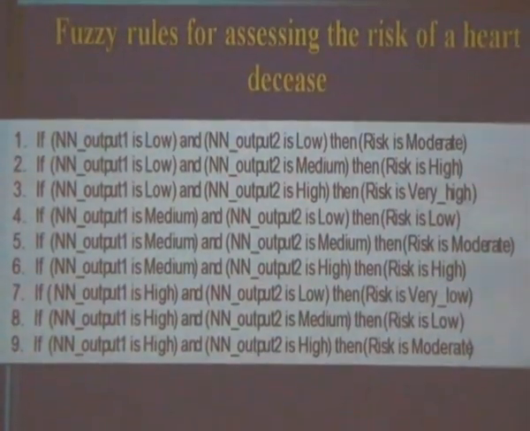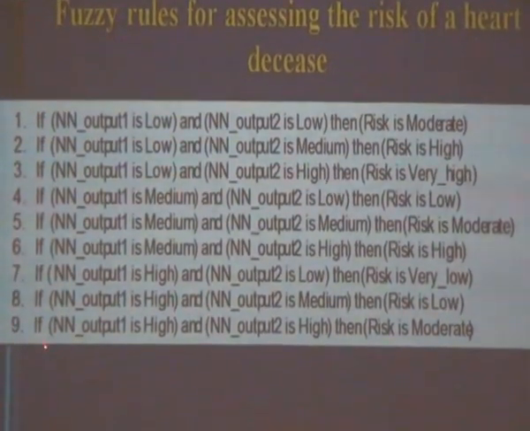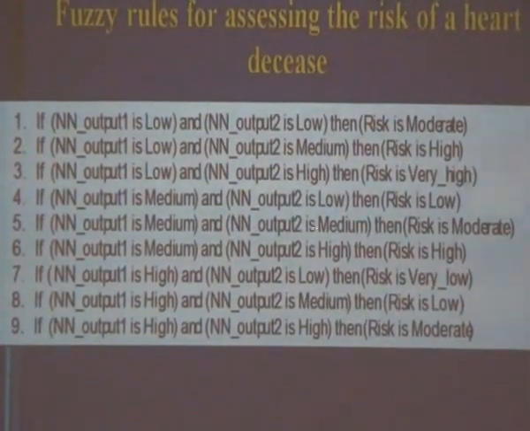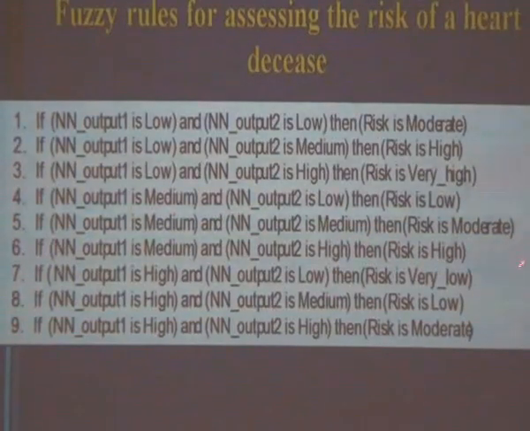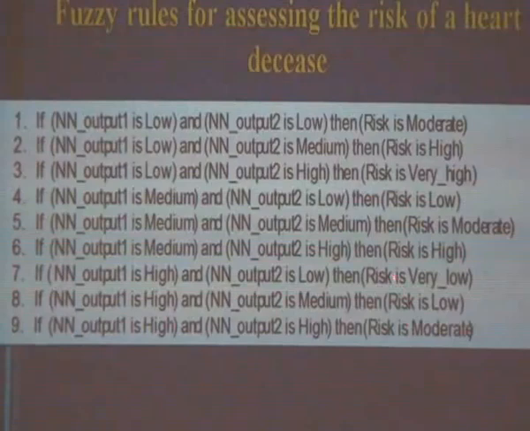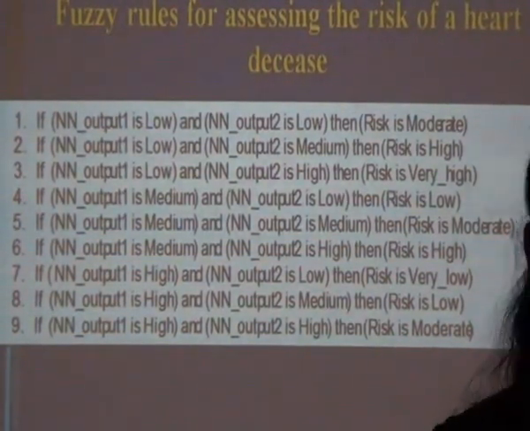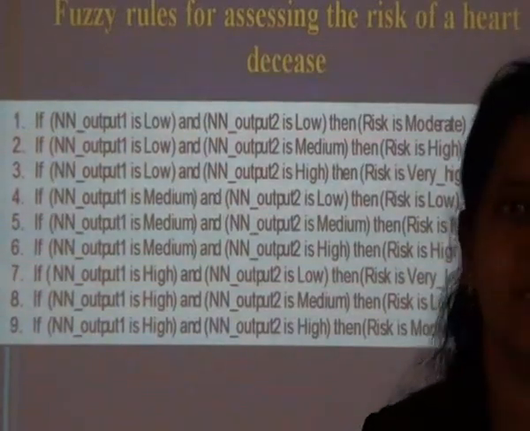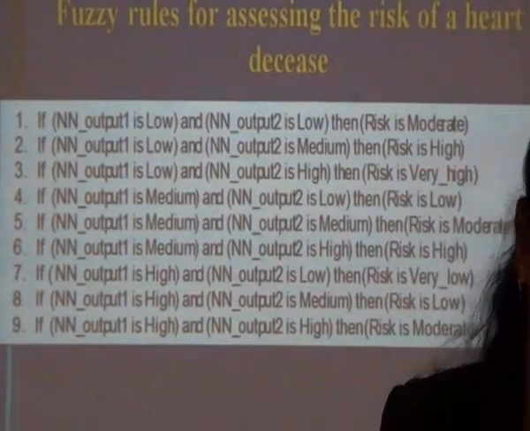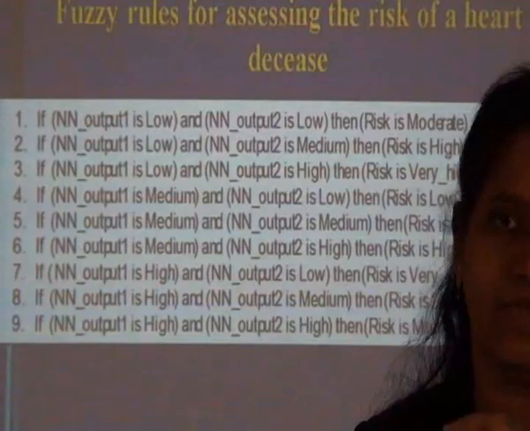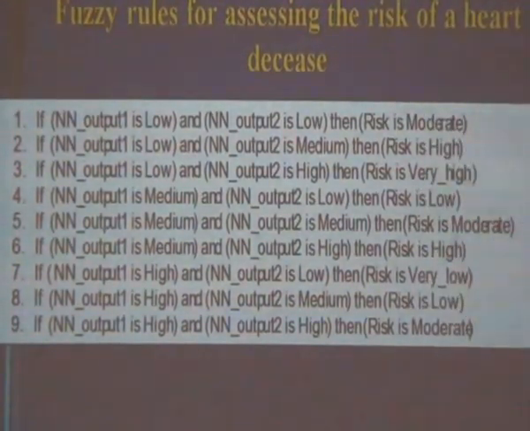Instead of saying like this, you can convert everything into linguistic form. If NN output is medium and the other output is medium, then risk is moderate. If one is high and the other is high, you can say risk is moderate. If one is high, one is medium, low. Like this, with the help of fuzzy sets, if there is uncertain, imprecise data, we can make a decision with fuzzy logic.